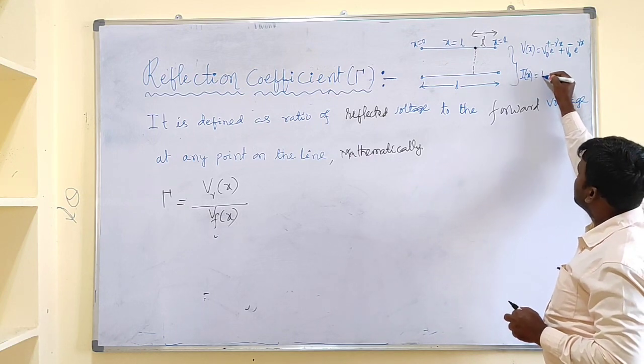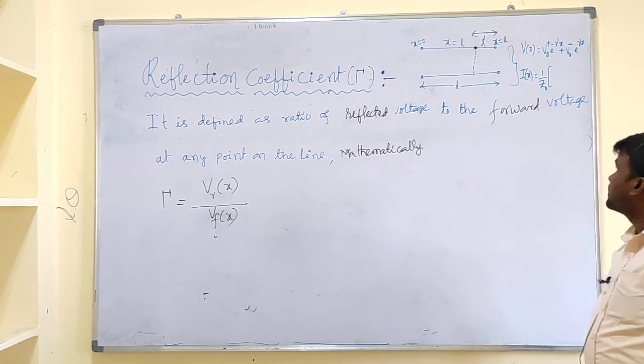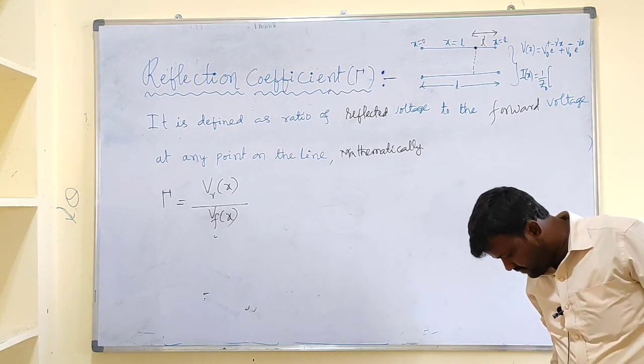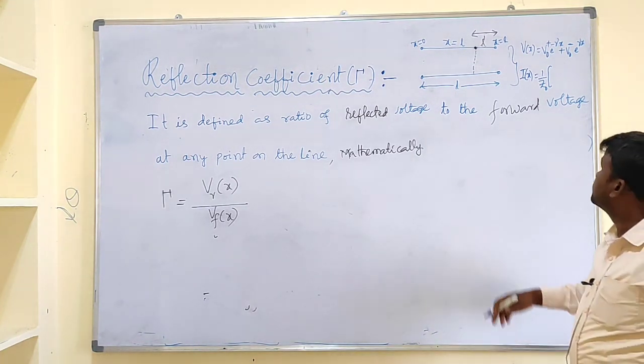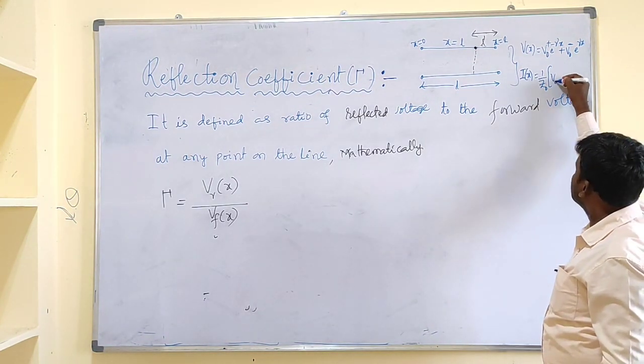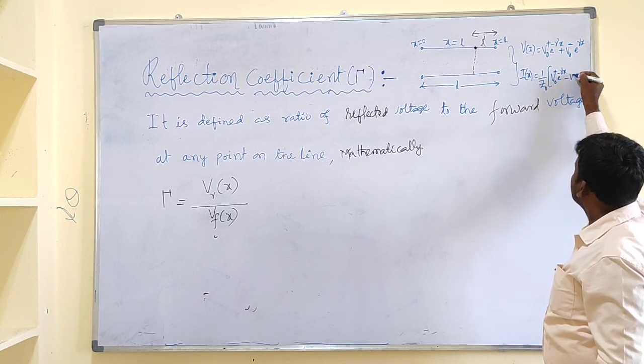I of x can be written in terms of voltages V0 plus and V0 minus like this: V0 plus e to the power minus gamma x minus V0 minus e to the power gamma x.